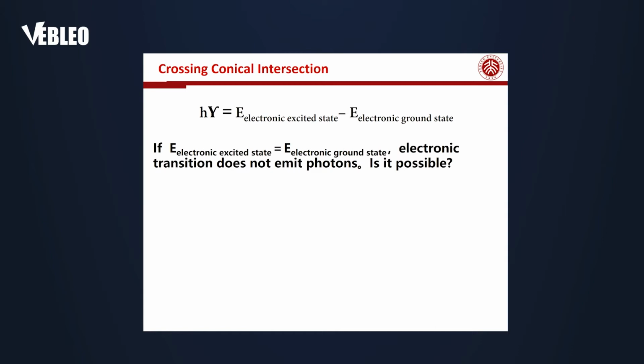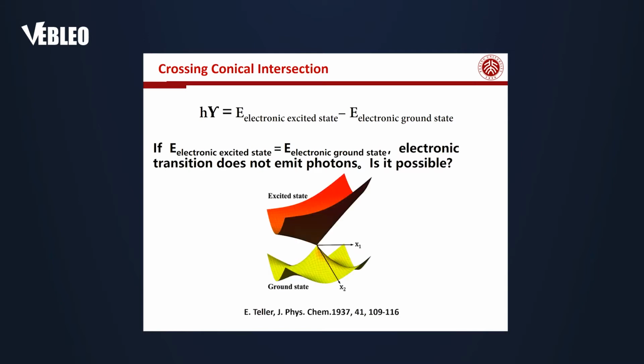Certainly it's right. But is this scenario possible? To many people, or to the intuition of many organic chemists, it's simply impossible. But in fact, this is quite universal in nature.